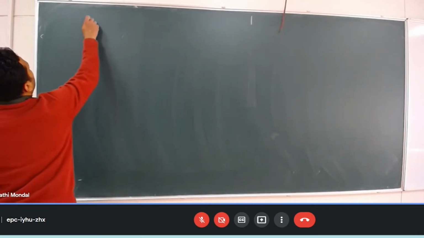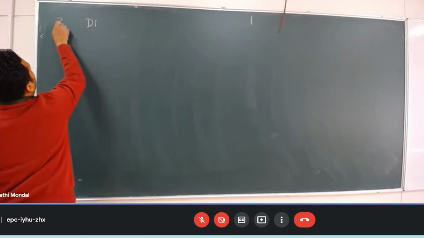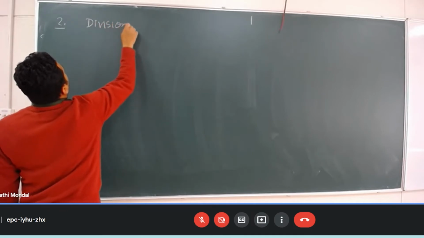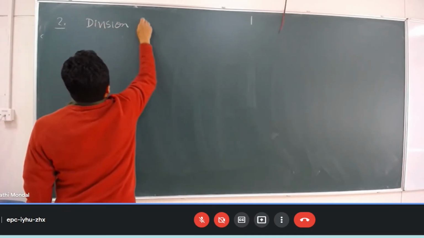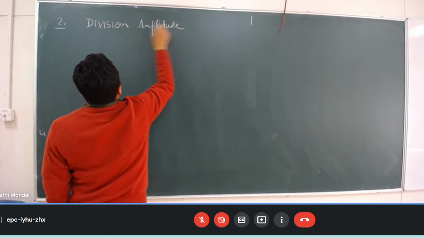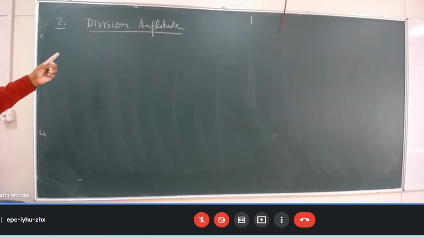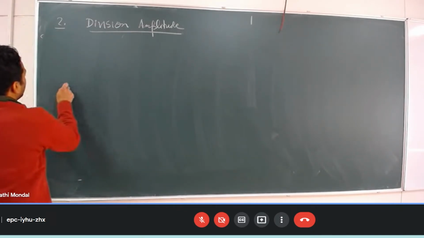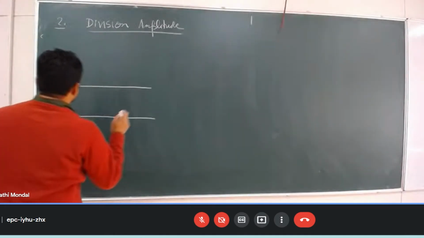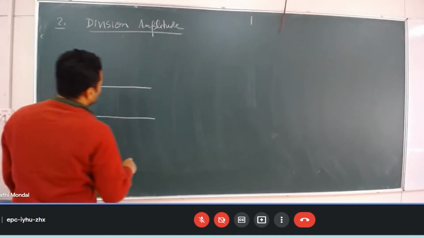Okay, so the first was division of wavefront. Now we have division of amplitude. Division of amplitude means, suppose you have two media.